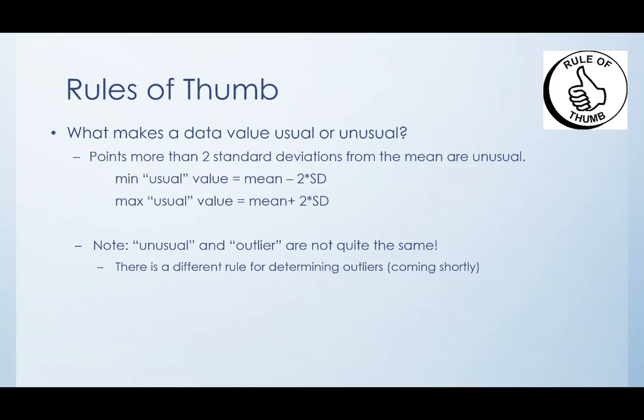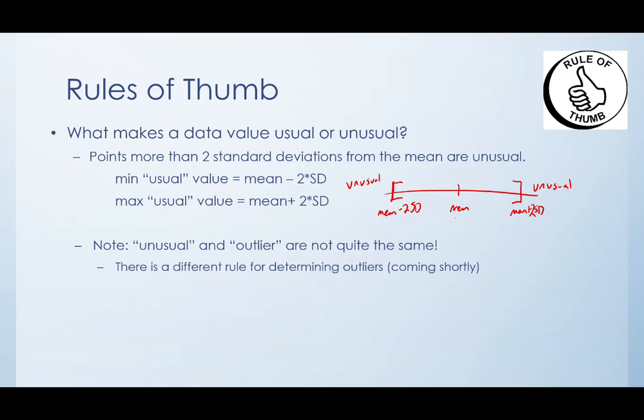So if we take the mean and we subtract 2 standard deviations from it, or we add 2 standard deviations to it, anything outside of that, so if I put the mean here, and we've got the mean plus 2 standard deviations, and we've got the mean minus 2 standard deviations, those points, anything outside of this range, is going to be unusual. Unusual out here, unusual out there, okay?